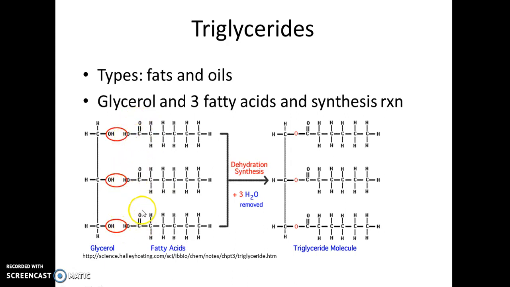Now, we said before that the functional groups are the groups that react, and sure enough, that happens here. When we add this glycerol, we have OH and H, OH and H, OH and H, which forms 3 molecules of water, which are removed, and we form this structure here, which is a triglyceride. So there is 1 glycerol and 3 fatty acids.